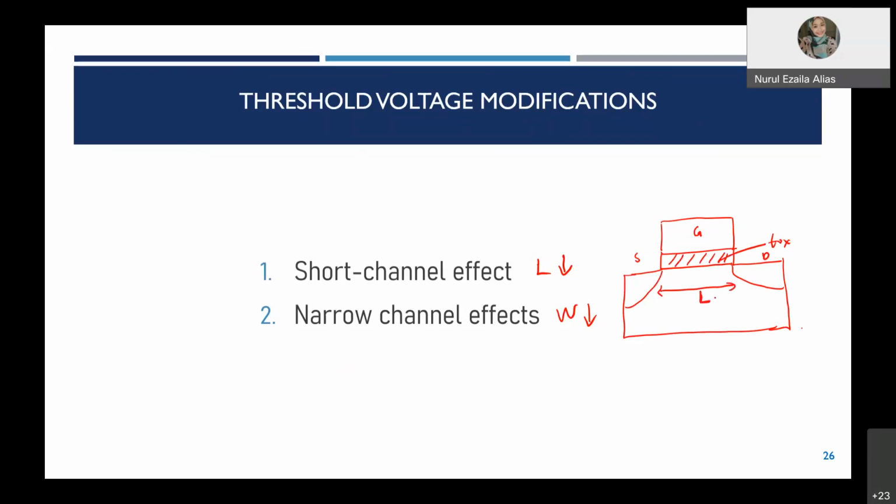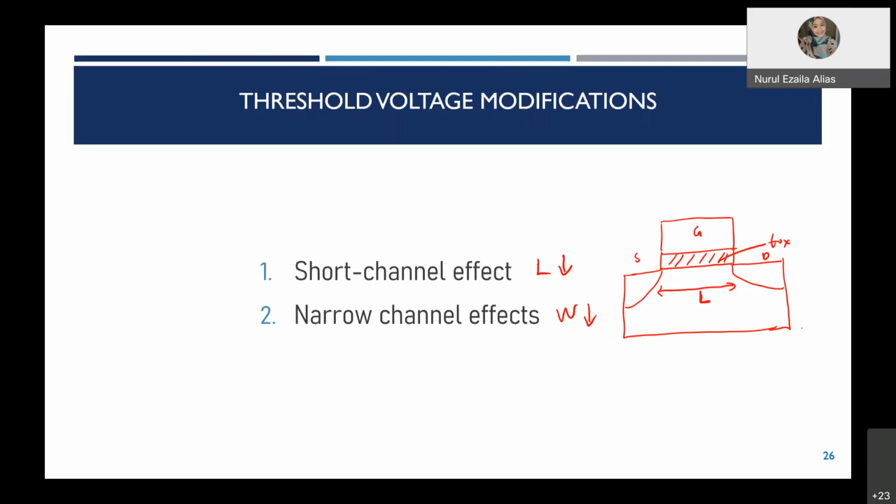When L is reduced, for example when you have a 90 nanometer gate length and you want to design it with a 60 nanometer gate length, all the characteristics may change due to the short channel effect. What are the effects? There are a lot of effects. One is the threshold voltage roll-off.